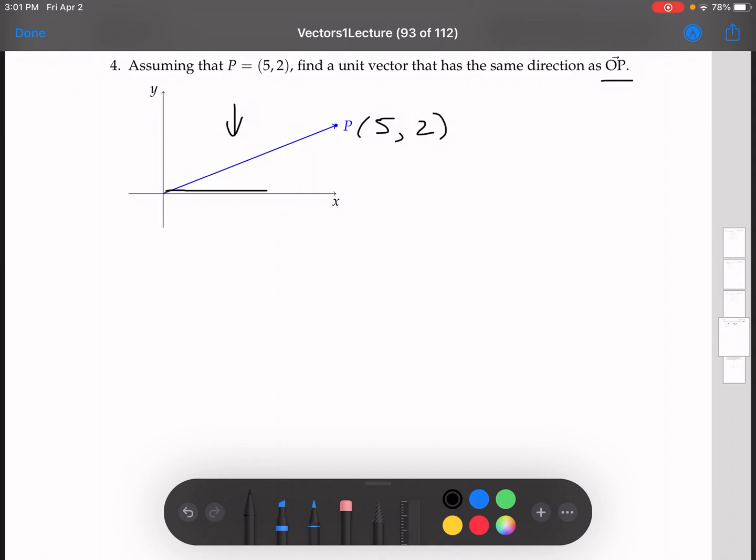So the x distance is 5, and the y distance is 2. And then we can label this distance c, so that c is the length of our vector OP, O being the origin.